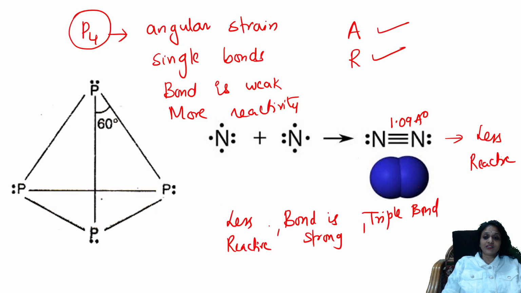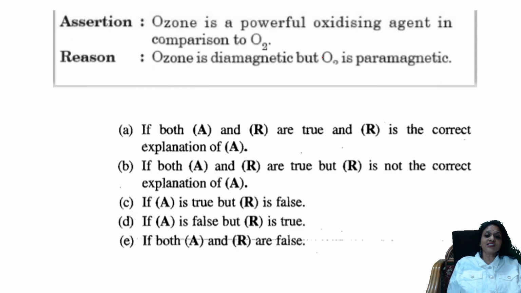So ozone is a powerful oxidizing agent in comparison to O2. Ozone is diamagnetic and O2 is paramagnetic. Remember, both the assertion and the reason are right.